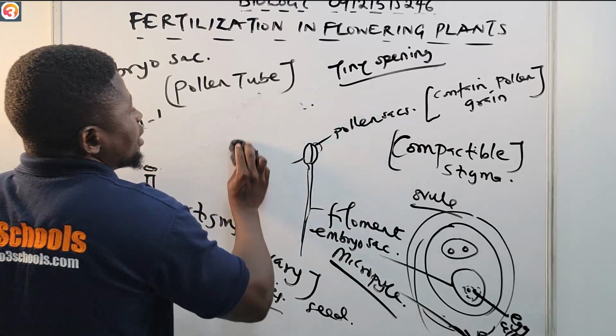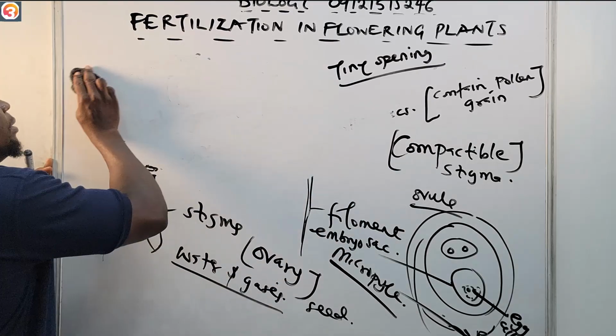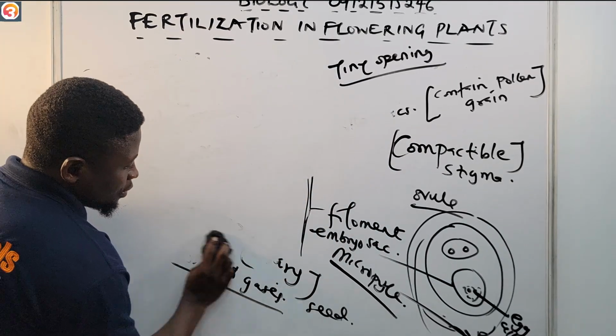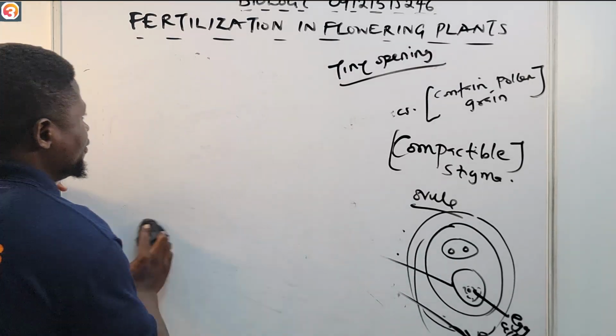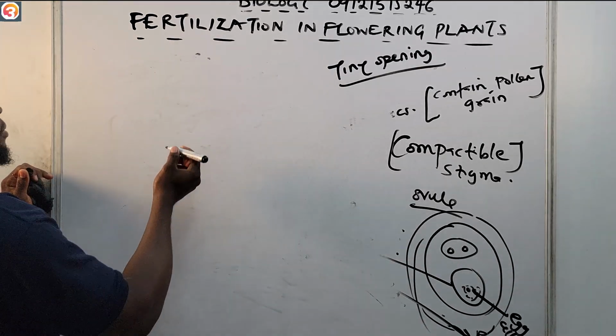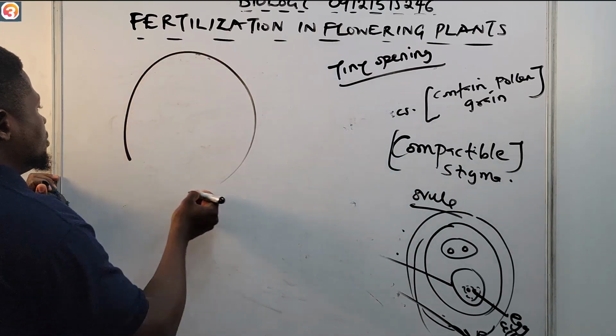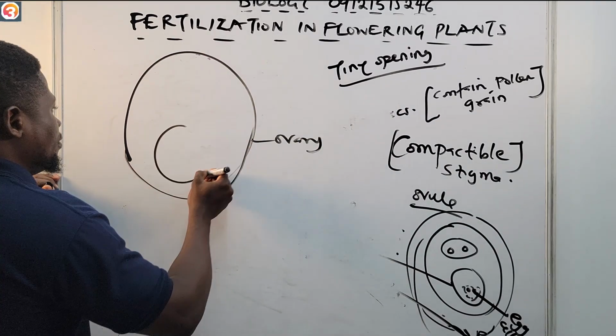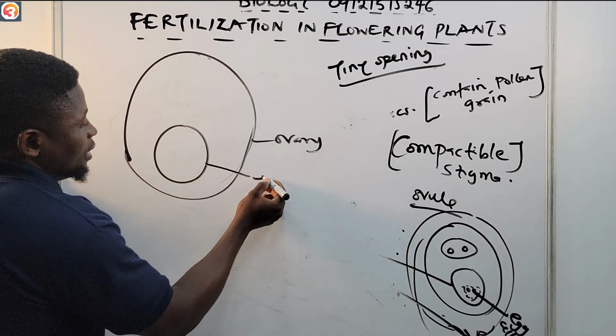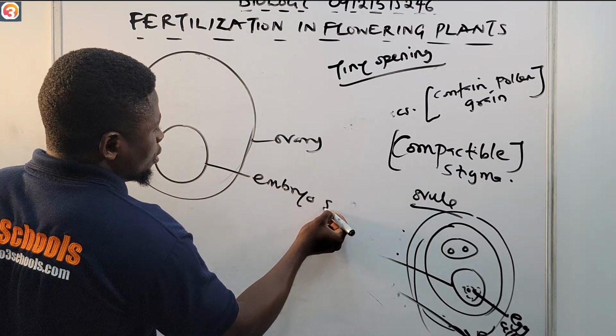Let me redraw that so that it becomes clearer. Inside the ovary we have something we call the embryo sac, something like this. This is our ovary. Then we have a smaller one here, which is called the embryo sac.